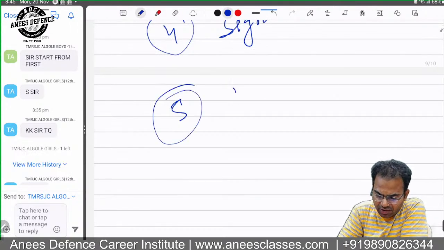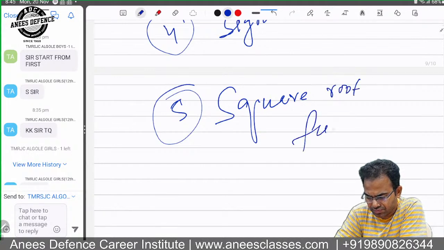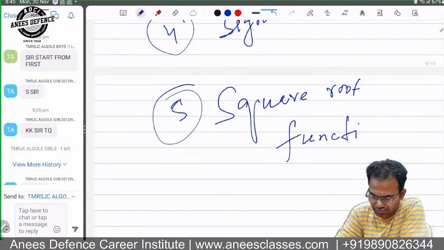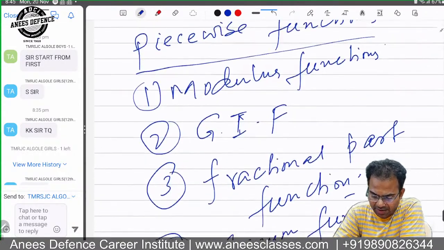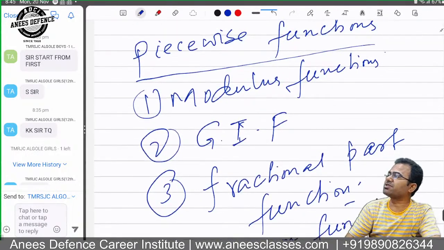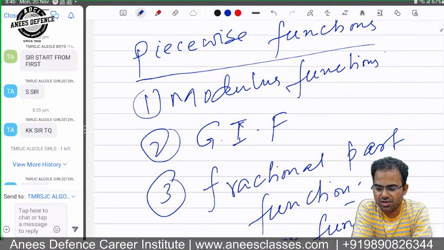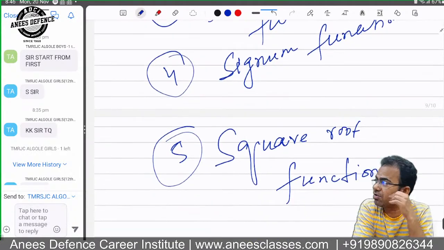Fifth, square root function. Okay, write these 5 names which are piecewise functions: modulus function, greatest integer function, fractional part function, signum function, square root function.